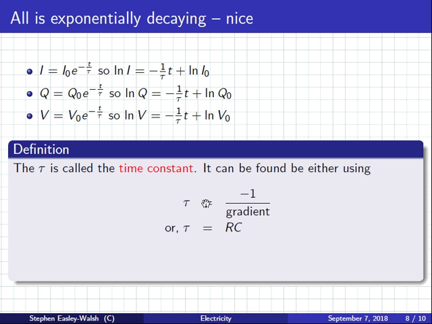So you have two formulas for tau. Gradient is another word for slope.